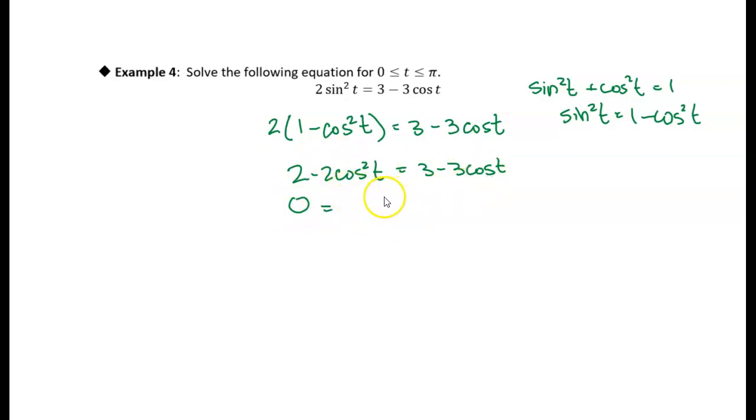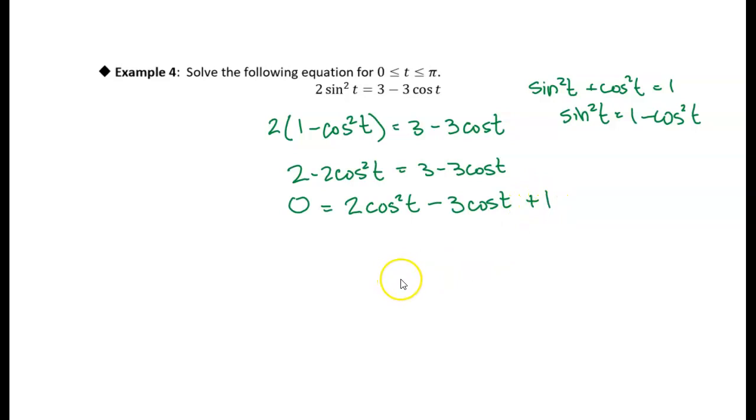I'm going to add 2 cosine squared of t to both sides, so it becomes positive cosine squared of t when I move it over to the right side. And then I have this 3 cosine of t, and I have a 3 over here, and I'm going to subtract 2 from both sides as well. That leaves nothing on the left-hand side, and the 3 minus 2 becomes a plus 1.